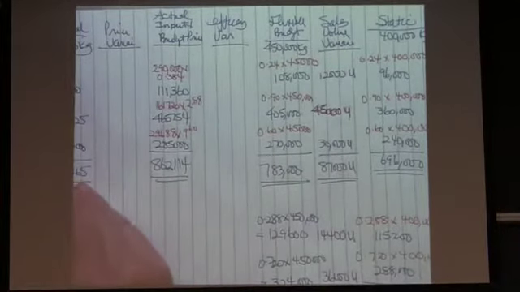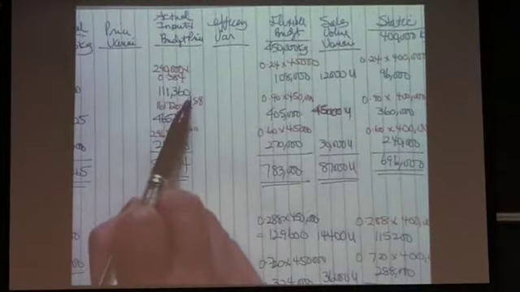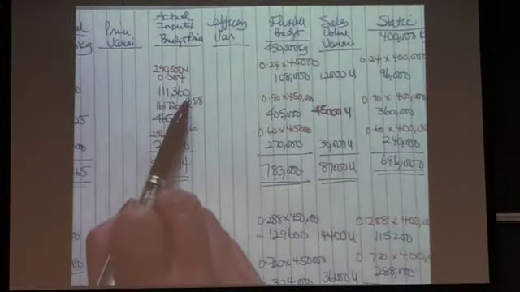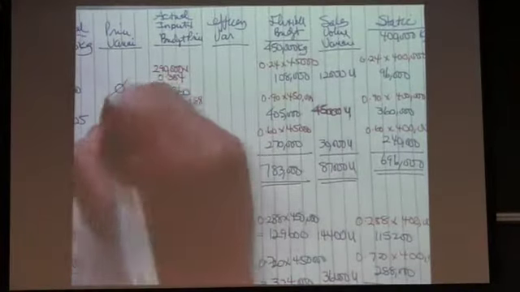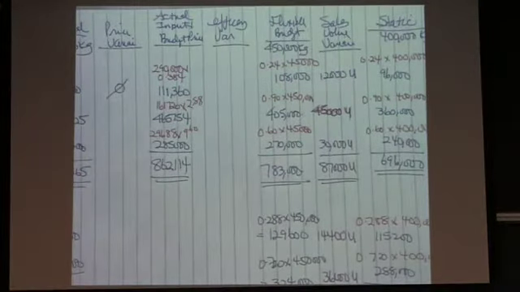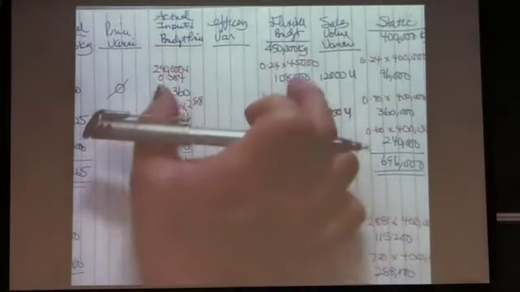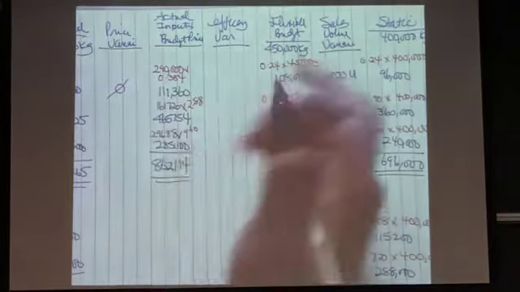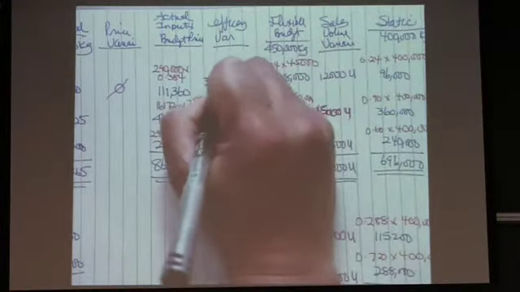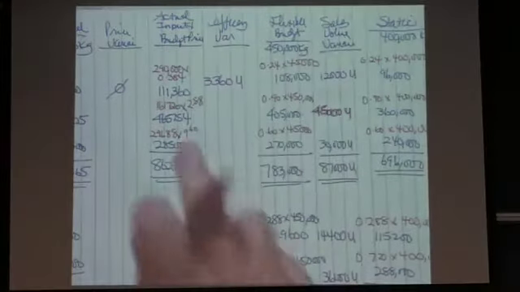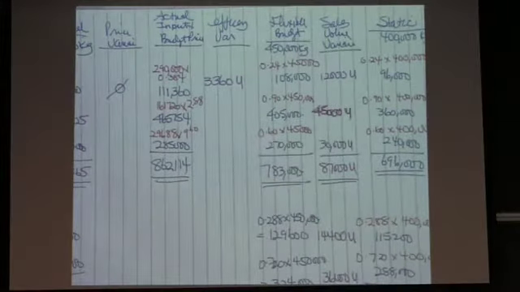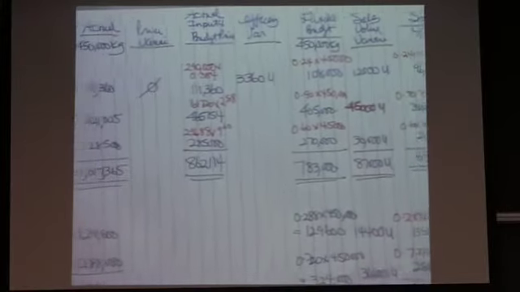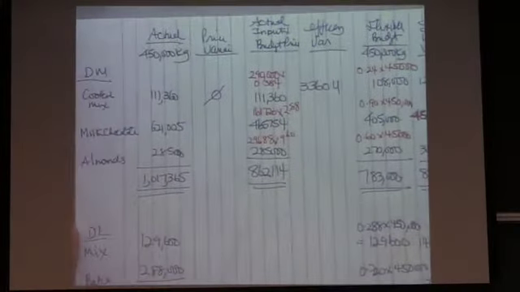Now, I want to take a look at this. The actual was 111,360. We actually used 111,360, so there is no price variance. But it looks like we have an inefficient use of cookie mix, 3,360 unfavorable. That could be because we may have some waste.